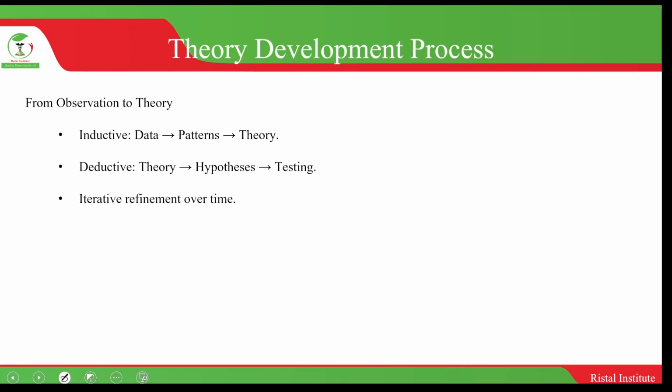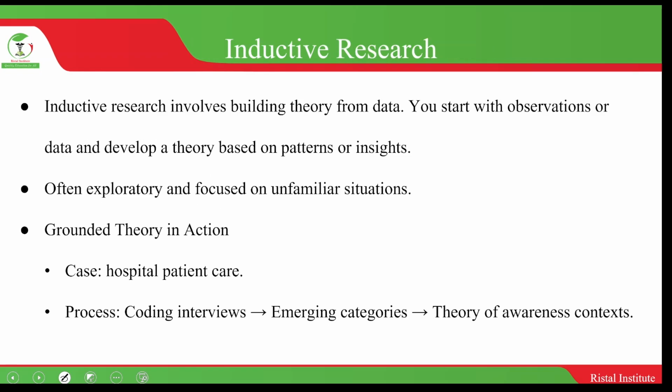Iterative, the word iterative means that you go on changing as the situation permits. So you go on refining whether it is a theory, you go on refining it over time as you get more data. That is what we call iterative. So let's look deeper into these things.